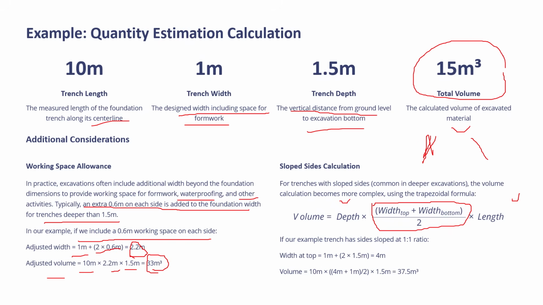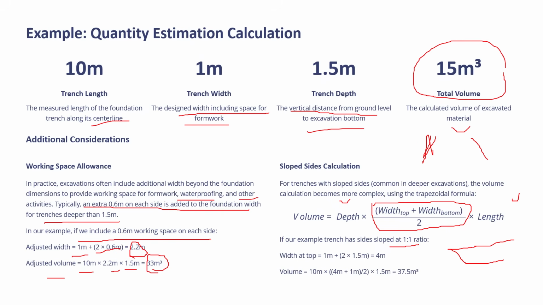So in our example, let us suppose the trench has a side slope of 1:1 ratio. So width at the top, if it is 1:1, width at the top will be more than the width at the bottom.